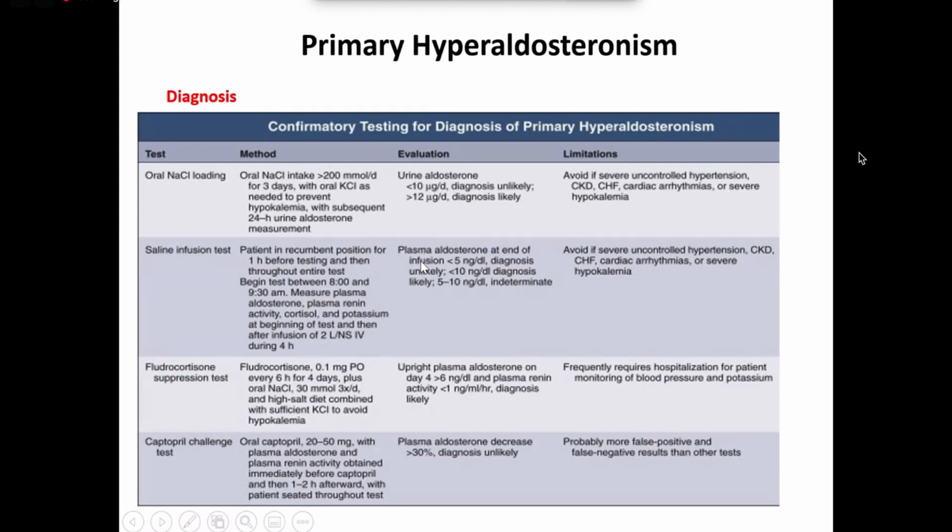The normal response, if you give a normal patient a high volume of normal saline, is that the aldosterone will be low. So if it's more than 10, primary hyperaldosteronism is very unlikely.